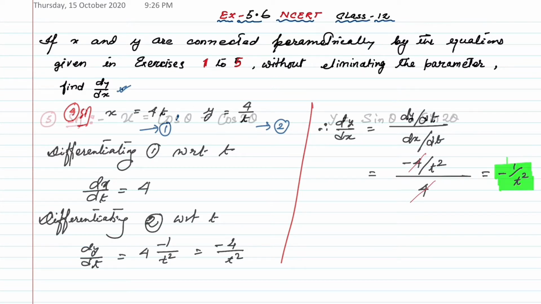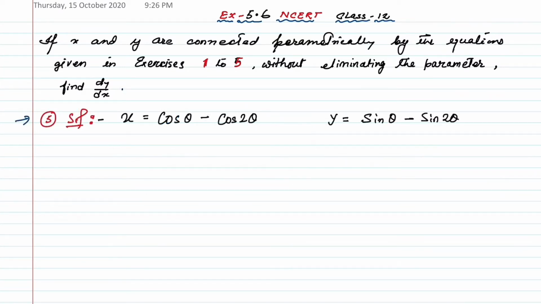So now let us solve question number 5. Suppose this is equation number 1, this is 2. Now let us differentiate with respect to theta.